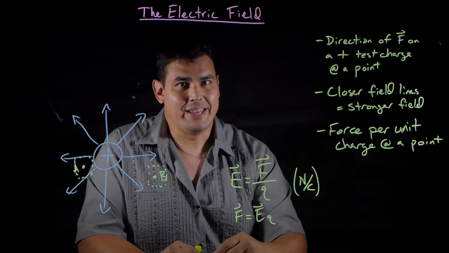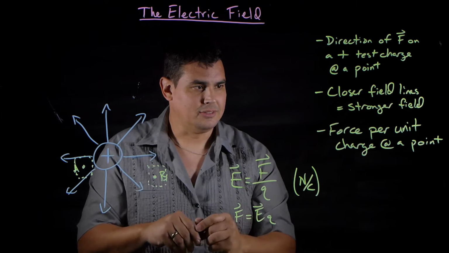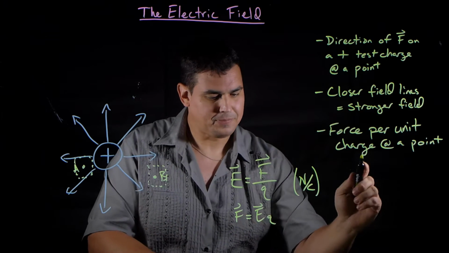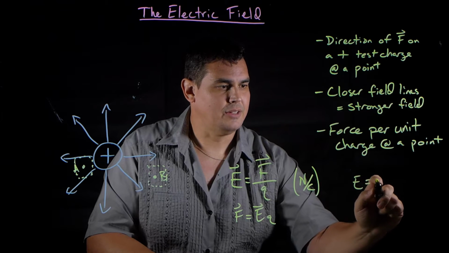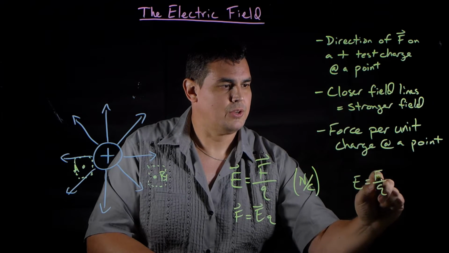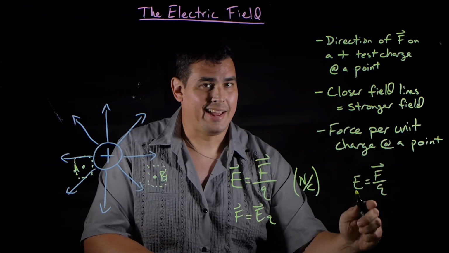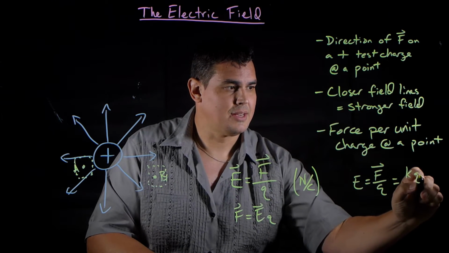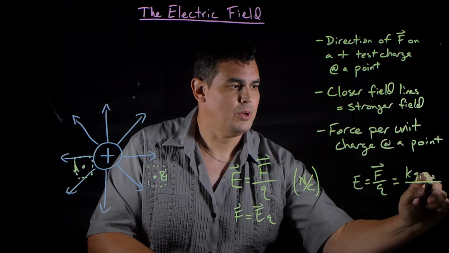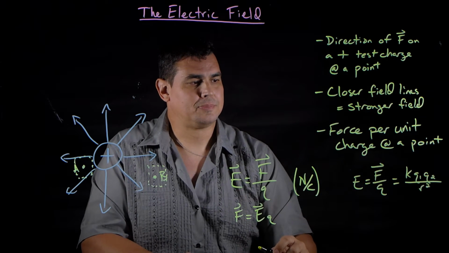So how do I get the electric field? Okay, let's think about this. I know that electric field is force over charge. And I know that force from Coulomb's law is K times Q1 times Q2 over R squared.